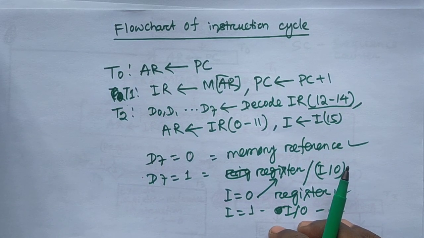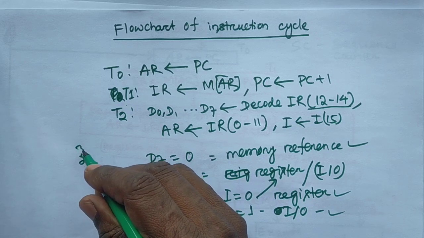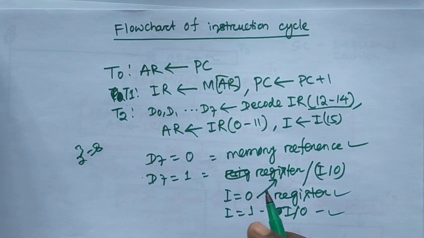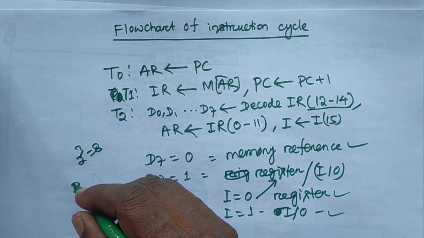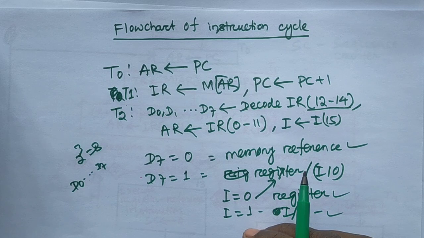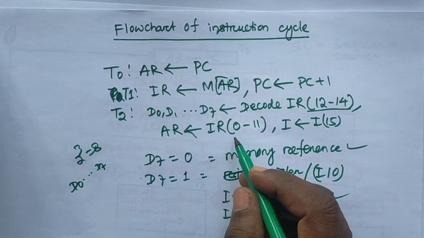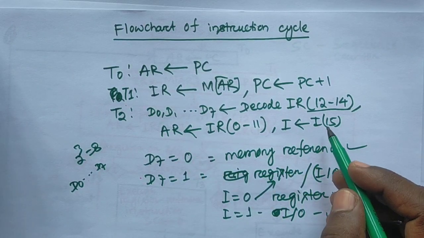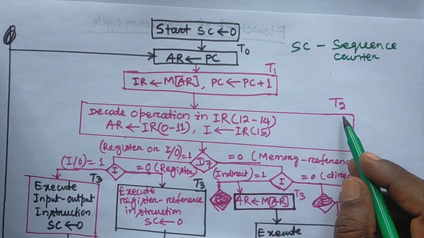Since 12 to 14 is 3 bits, 2 to the power 3 is 8, so 8 operations can be decoded, D0 to D7. That decoded data we will use in this manner. The other part, the address part of IR, is transferred to AR, and the mode is defined by I. So all of this is done at T2 time.